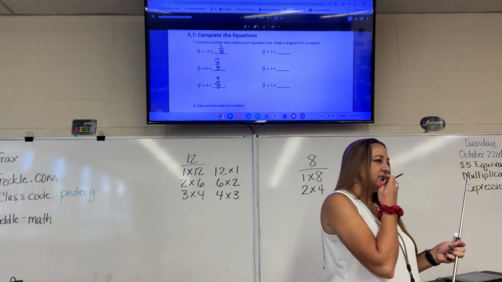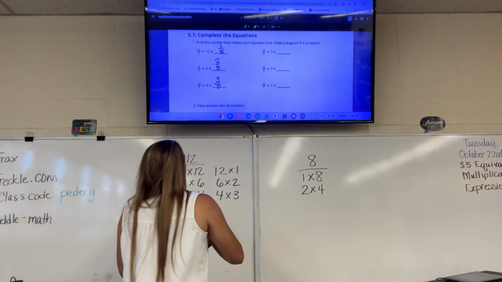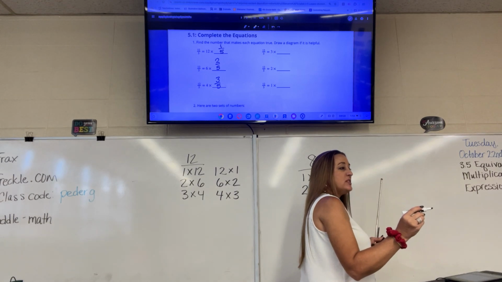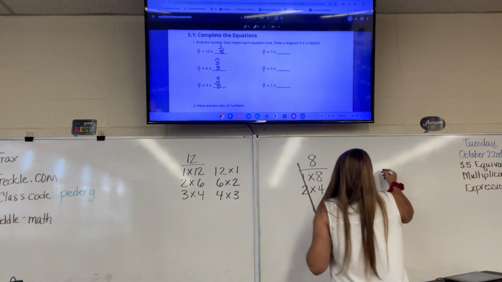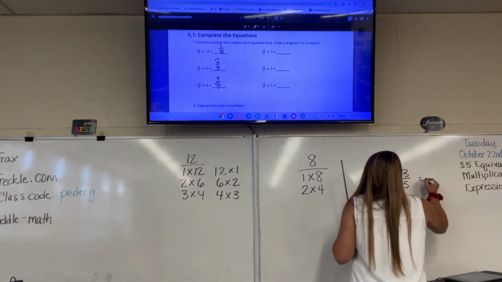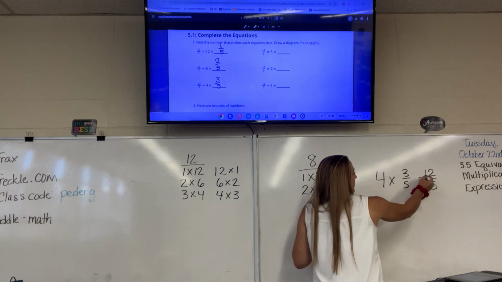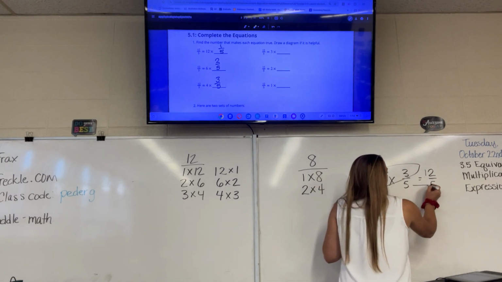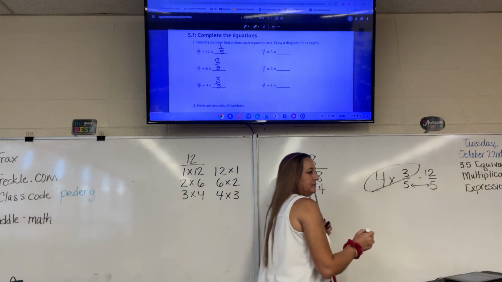Todd, is this making sense to you? It's not. So remember when we do expressions, it's because you're used to seeing the equals at the end. But watch this. 4 times 3/5 equals 12/5. So watch. Where do we get the 12 from? 4 times 3. And the denominators are going to be the same on the fraction and the value. Okay?